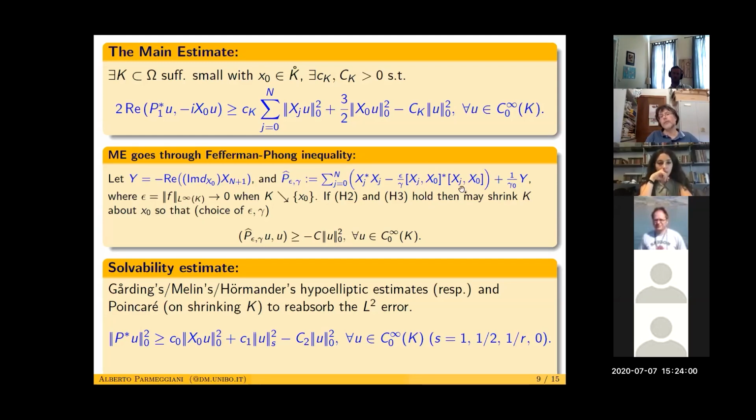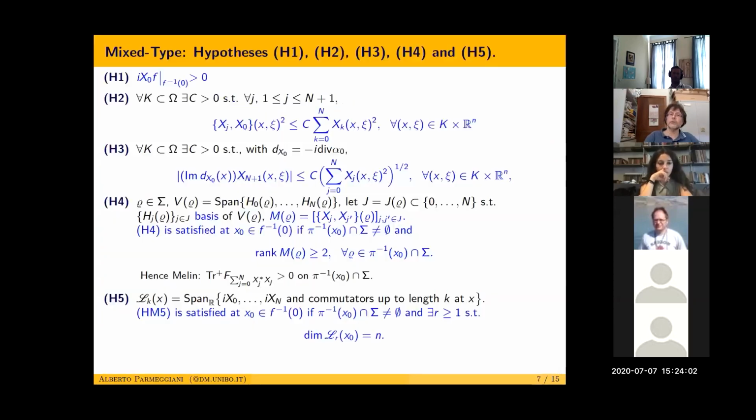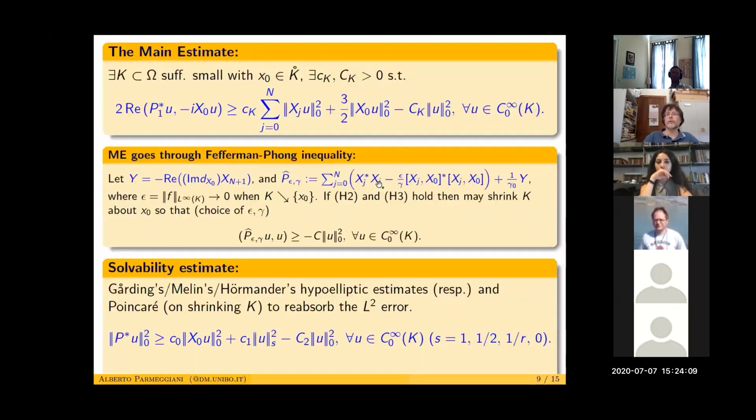So these two conditions are exactly the ones that grant the use of the Fefferman-Phong inequality in this case. And then we can control this thing here. Once we have this kind of control, in the end, by taking Cauchy-Schwarz, we have this control.